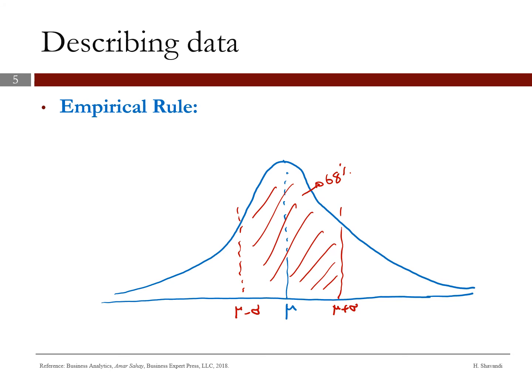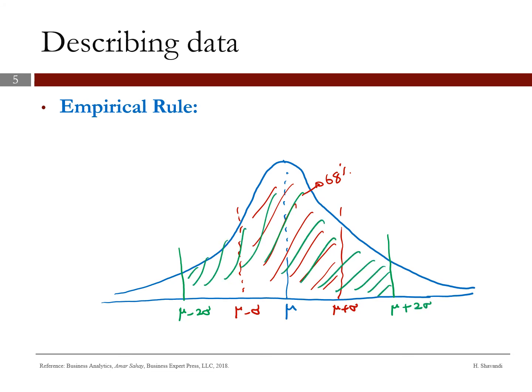And if we consider 2 sigma, here would be mu minus 2 sigma, and here mu plus 2 sigma. This range will include 95% of the observations of the data.